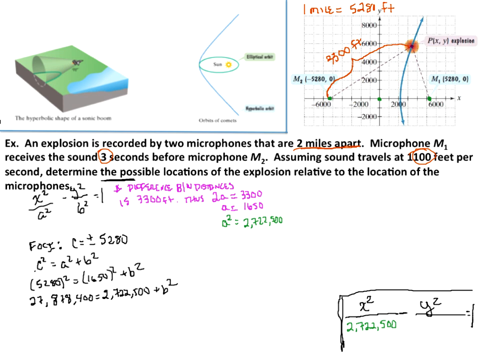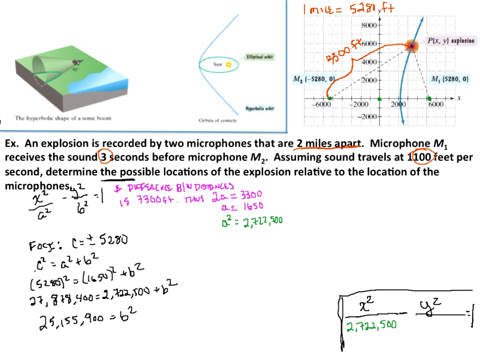Subtract 2,722,500 from both sides, and I get that b squared is 25,155,900. That's b squared, and that is the value that we need to finish off writing the equation.